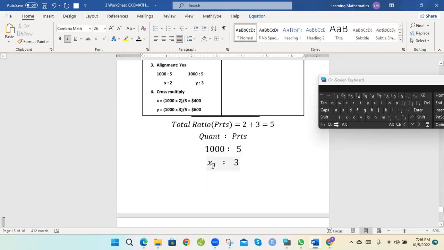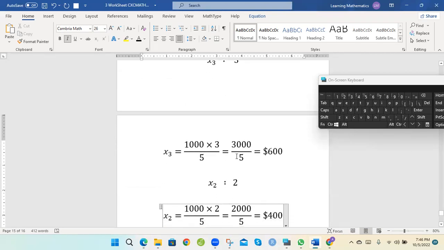And then your other ratio, a letter and a number. The number there is parts, the letter is the quantity you're finding, and always divide by the number that is diagonally away from the letter, which is 5. You cross multiply and divide and find the quantity related to that part.